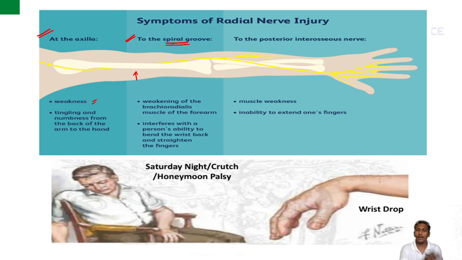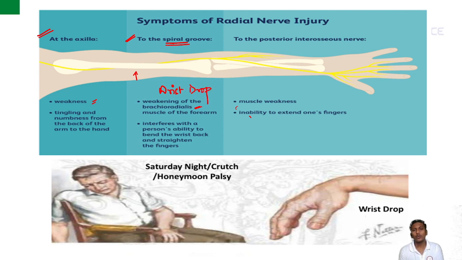Okay, so just above the elbow, over here there would be paralysis of your extensor carpi radialis longus, and also the brachioradialis muscle. That will cause weakening, or there would be inability to extend the wrist. Okay, and that is why there is a wrist drop.